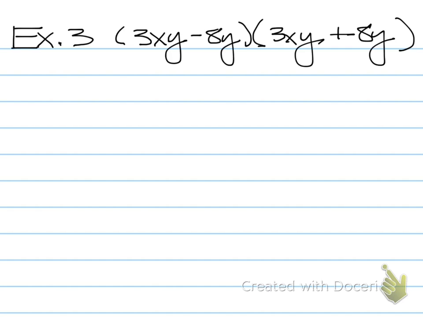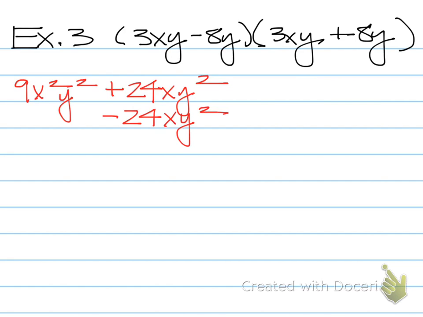Next, same thing. Now we're multiplying 2 binomials. Start with a 3xy, multiply it by both terms. We get 9x squared y squared for the first. And then 3xy times 8y is going to be 24xy squared. Now multiply the negative 8y by both terms. We get negative 24xy squared.